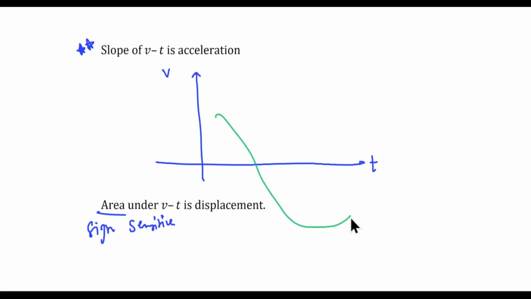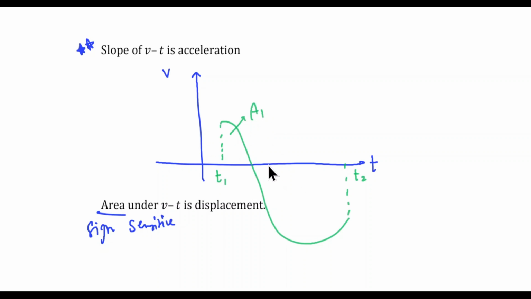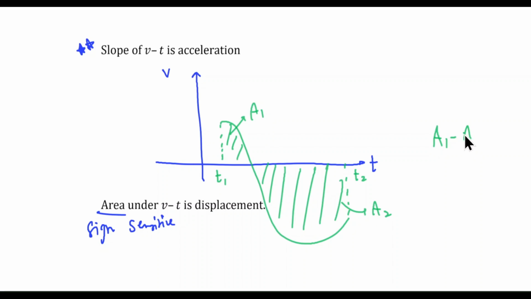Let's say I have a graph that looks something like this. If I want to talk about the area between t1 and t2, if I say this area is A1 and this entire area is A2, then I will not really add both the numbers, I will rather subtract, because it is sign sensitive.